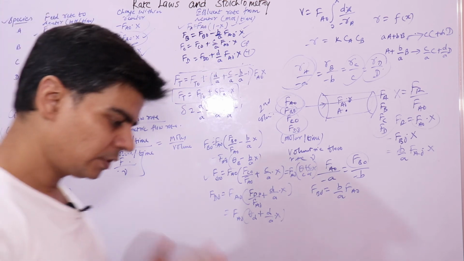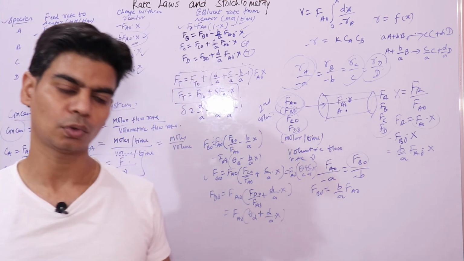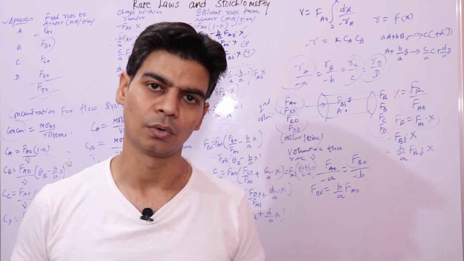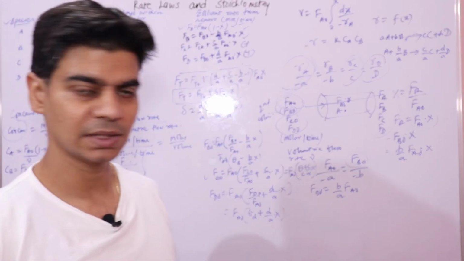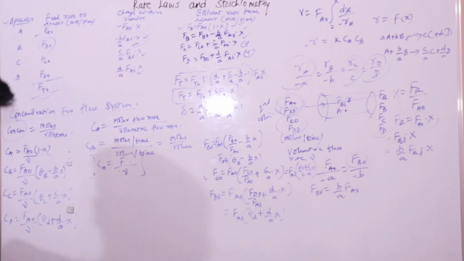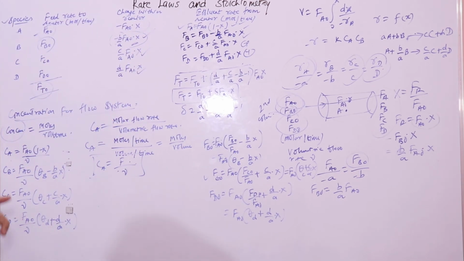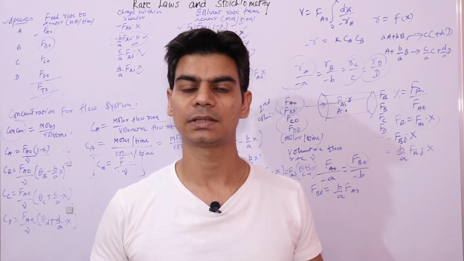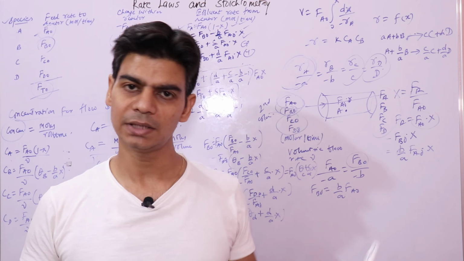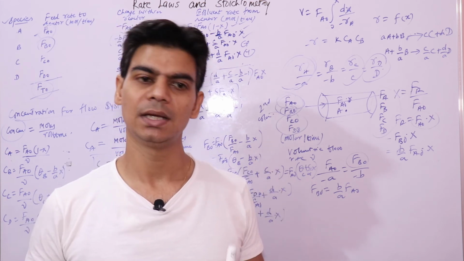Now we will consider it to be a constant volume system like we did before, because we will consider this as a liquid phase reaction. For liquid phase reactions, when there is no change in phase, the volume change is negligible.